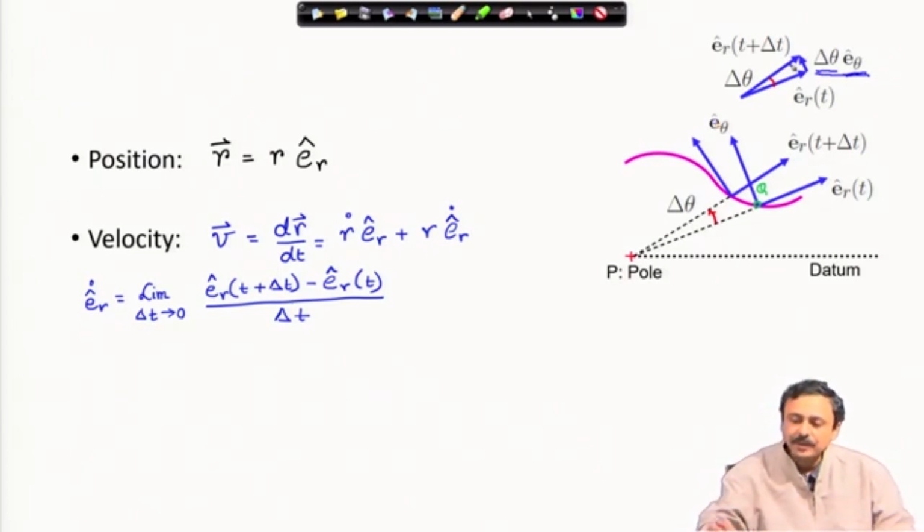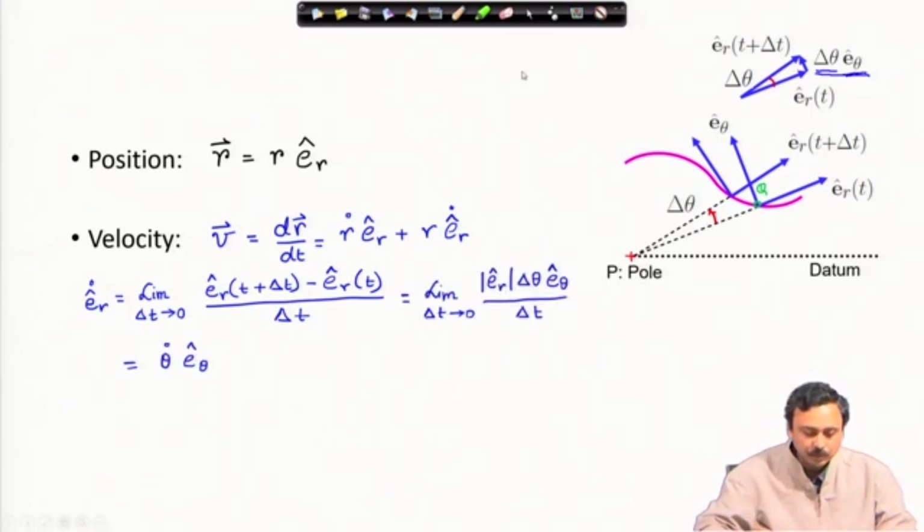Therefore, this difference vector is nothing but delta theta times E theta, and that is what we are going to use here. So, it is magnitude of Er times delta theta times E theta cap by delta t. Magnitude of Er is 1, therefore, we finally get theta dot into E theta. So, Er dot is theta dot multiplied by E theta.